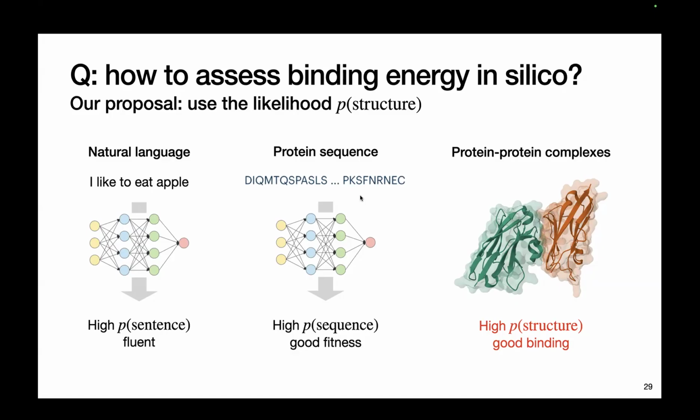And maybe if a binder-target complex has a high likelihood, then they will highly likely bind, right? So that's the basic idea behind our model.